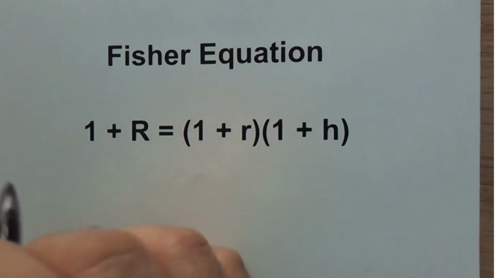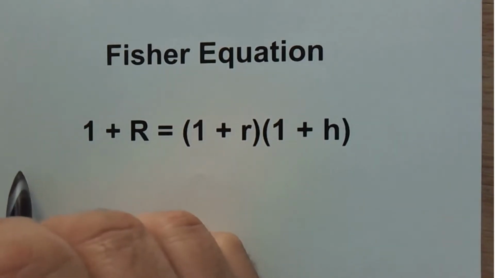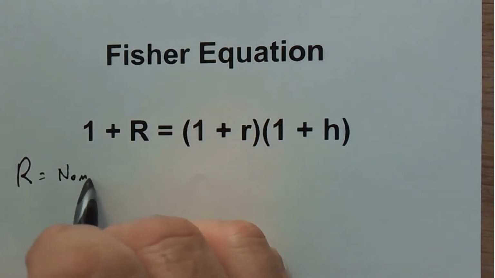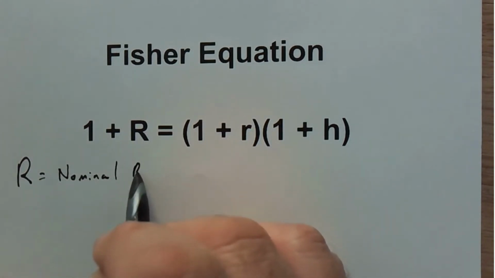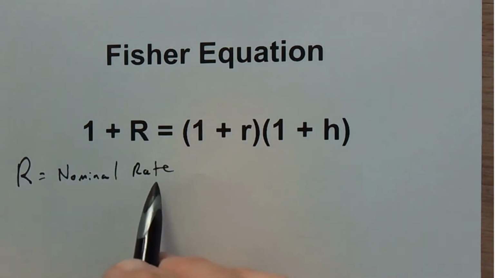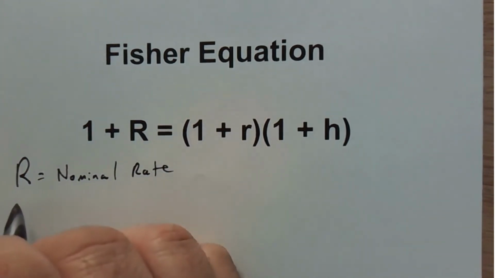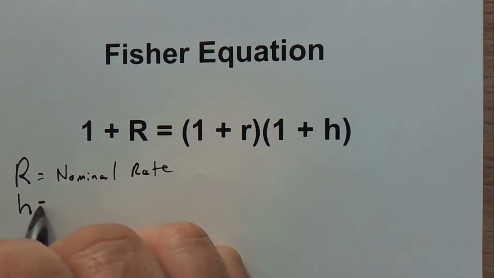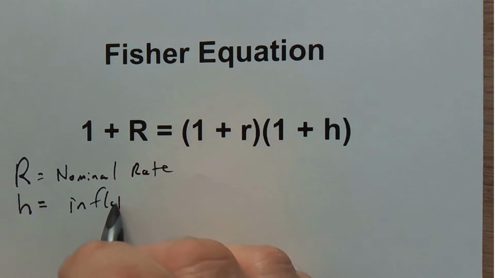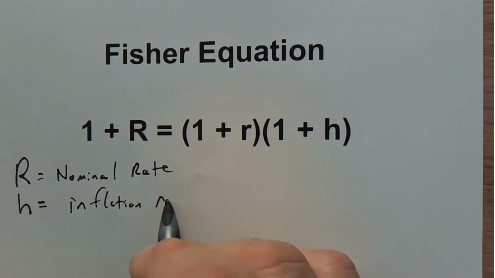So the first way of stating it, we've got the big R. The big R is going to be our nominal rate, in other words, the stated rate, the promised rate, the rate that's on paper. The h is going to be our inflation rate. Sometimes the variable for that would be pi.